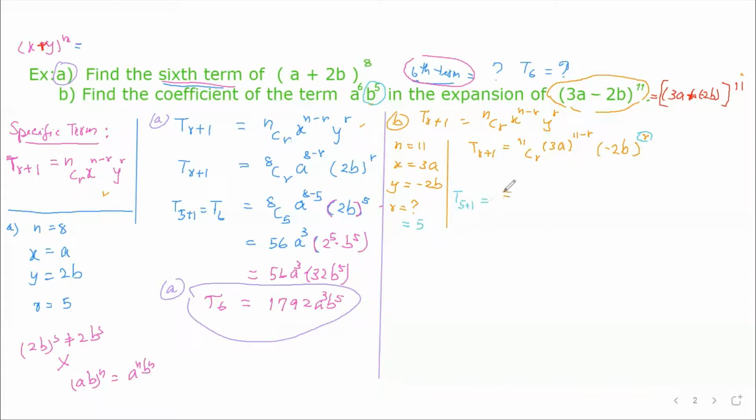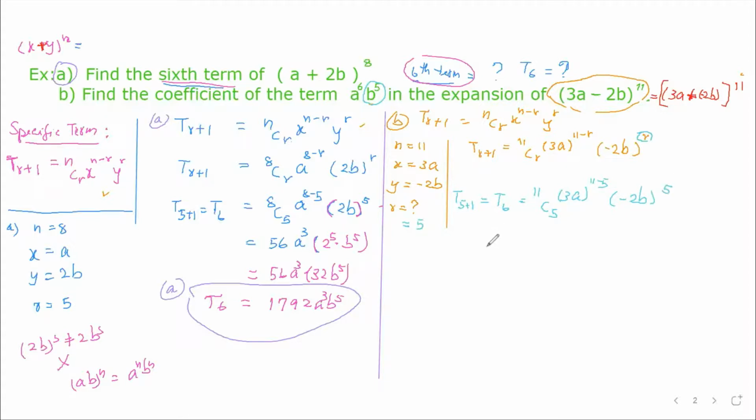From this one, we know right away that T6, the sixth term, equals 11C5 times 3a power 11 minus 5, and then negative 2b power 5.